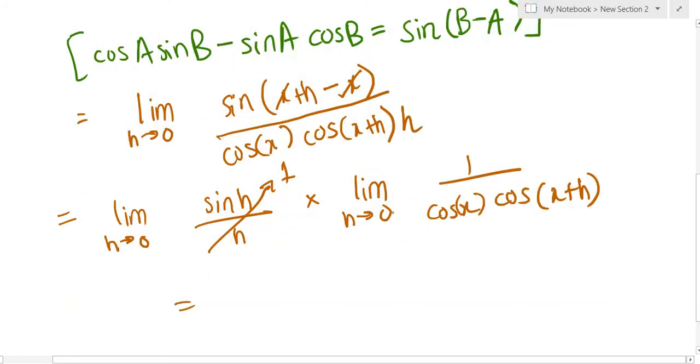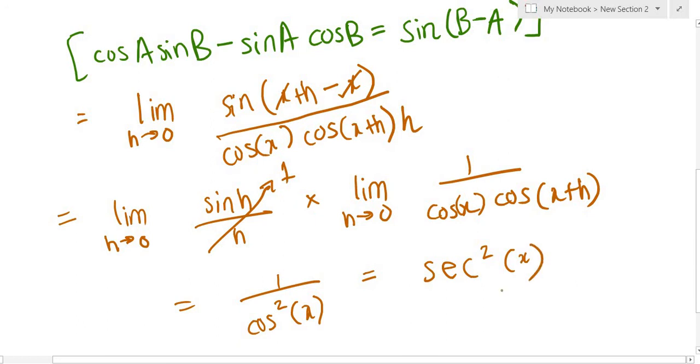And when we substitute h as 0, we have 1 over the cosine squared of x, which can also be written as the secant squared of x. So there we have it. The derivative of the tan of x with respect to x is the secant squared of x.